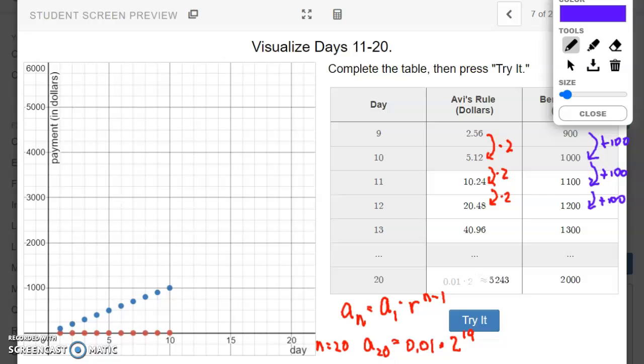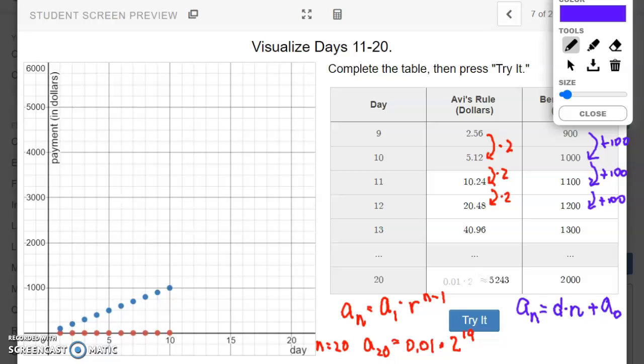Remember, arithmetic sequence is A sub n equals the common difference multiplied by n, the term number, plus A sub 0. So we need to figure out the 0th term.